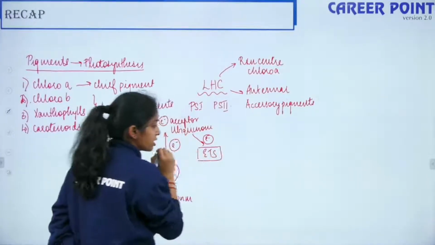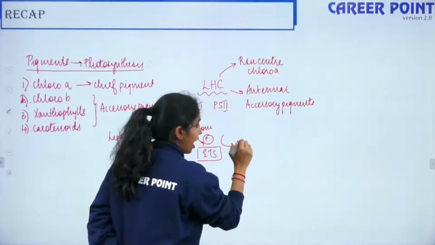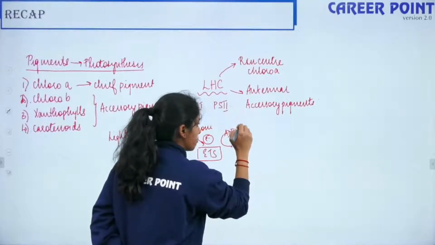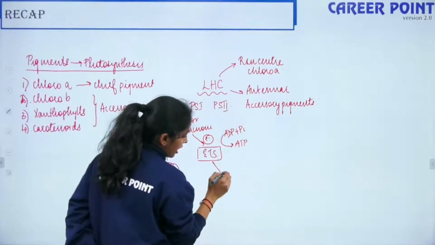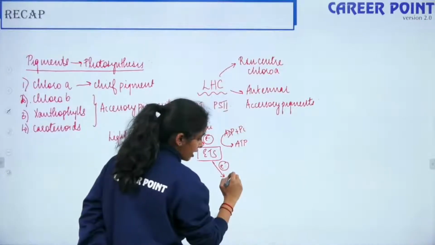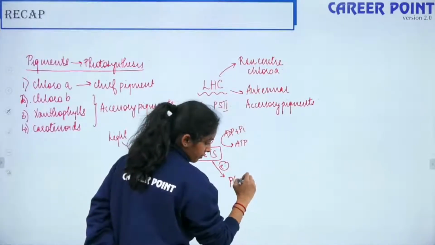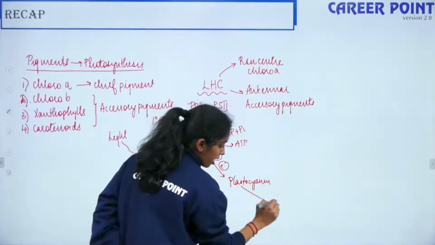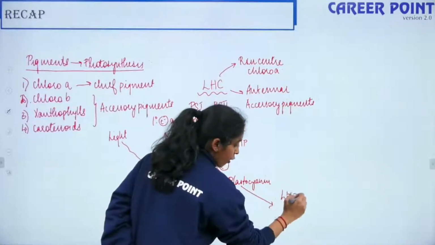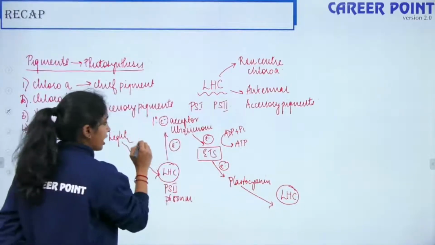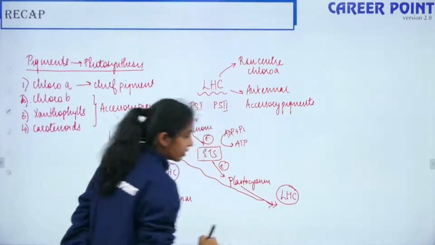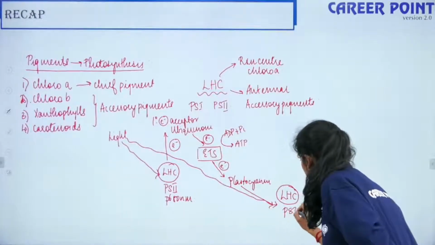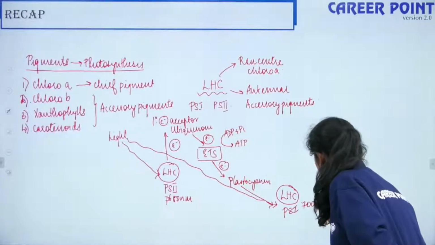When it moves inside the electron transport system, you have the release of ATP from ADP plus Pi. Now the electrons move into plastocyanin, which is a copper containing complex. From here it moves into the LHC of PS1. Light also falls on the LHC of PS1. PS1 is at a wavelength of 700 nanometer.